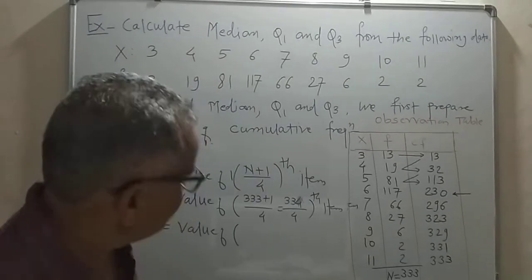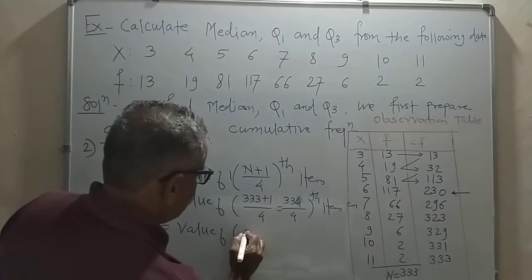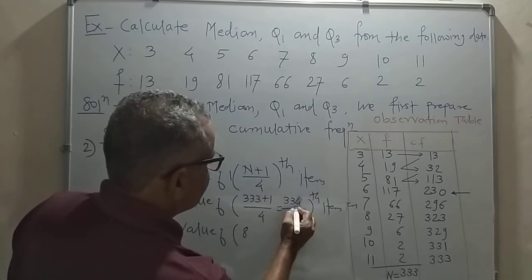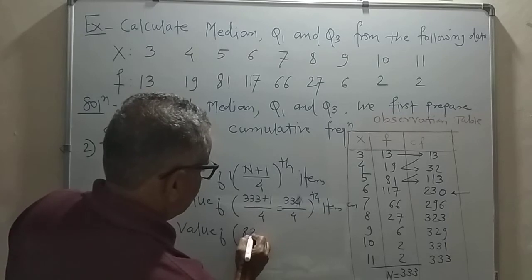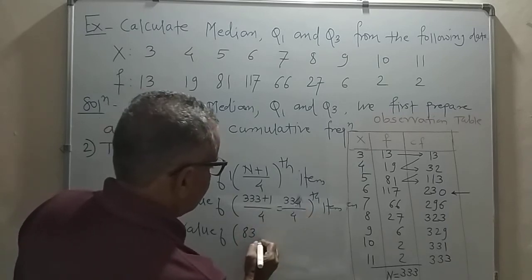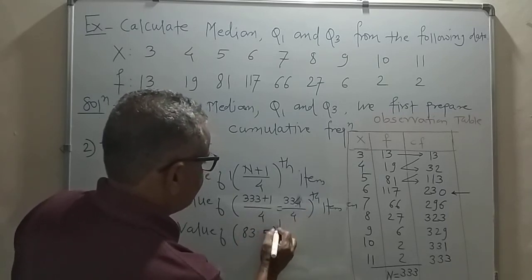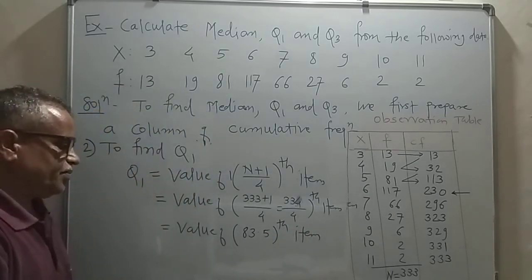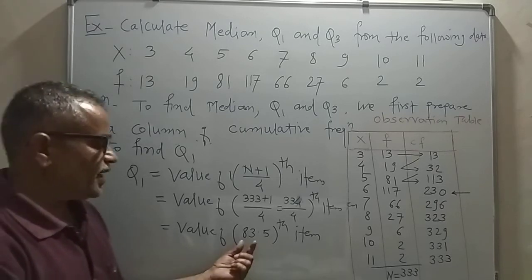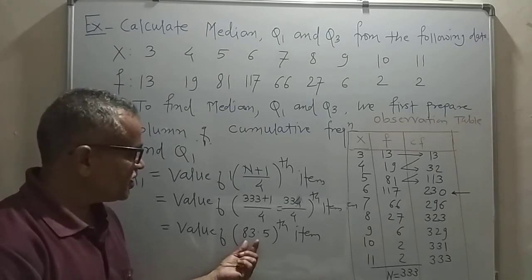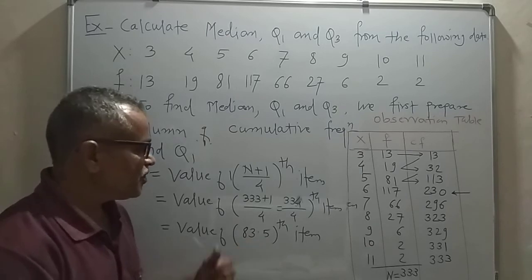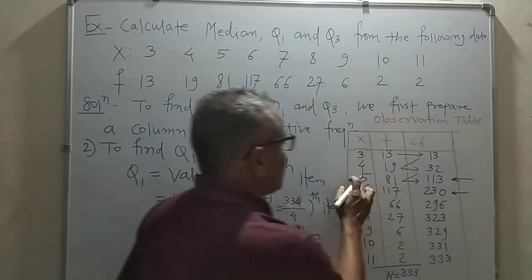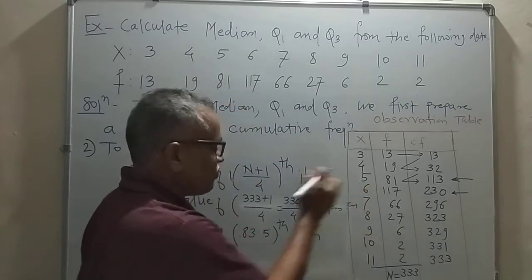After calculating this we get the value 83.5th item. See again, the just greater value of CF is 130, and its corresponding value of the x random variable is 5.